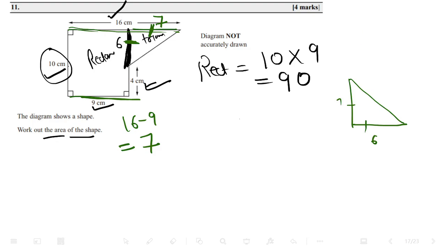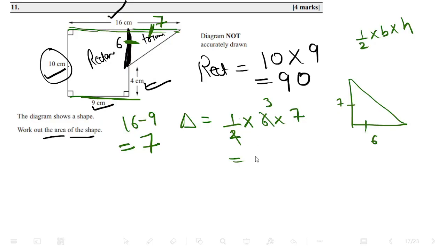We know the area of a triangle is half into base into height, right? So triangle area is equal to half, base is 6 and height is 7. So 2 3s are 6, and this is 3 multiplied by 7, which is equal to 21. So total area, as you were saying, we have to add both of them.